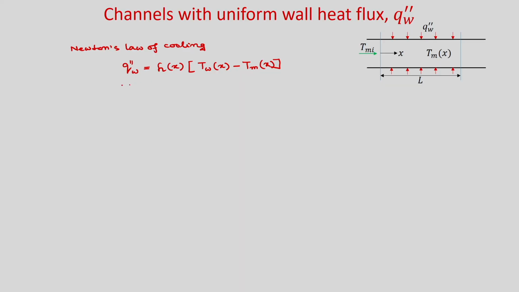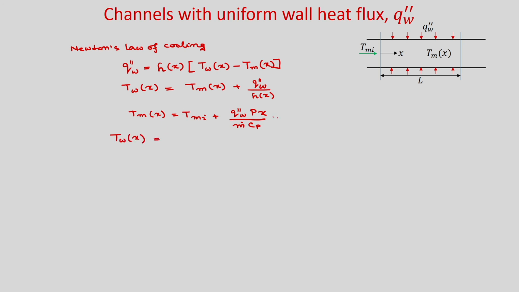So, you can write the wall temperature, which is a function of x, as Tm(x) plus q double prime w divided by h(x), and Tm(x) we already know. Tm(x) we have written as Tmi plus q double prime w P x by m dot cp.